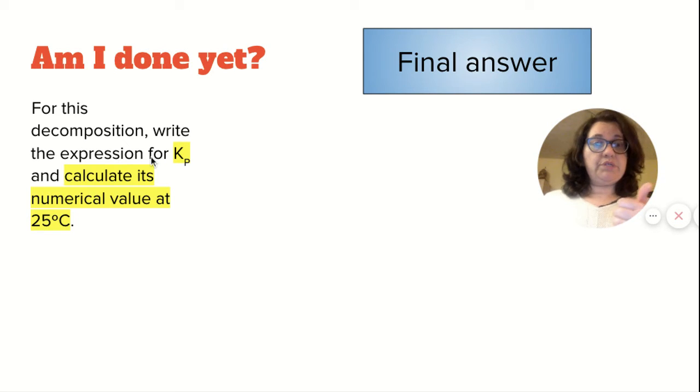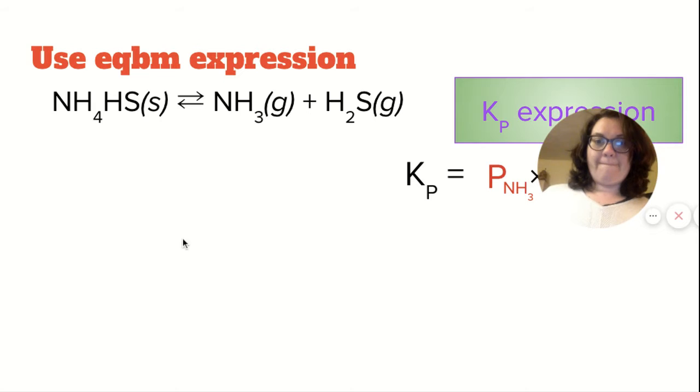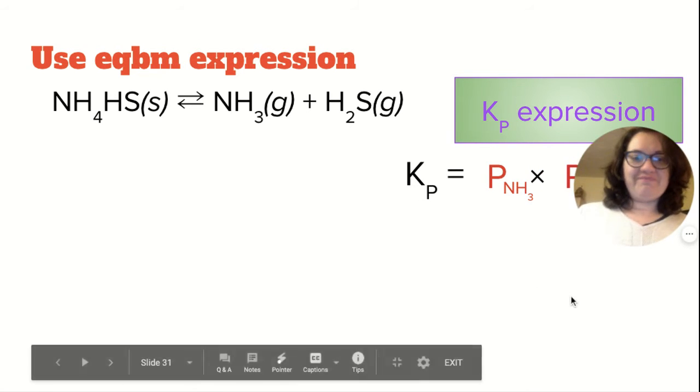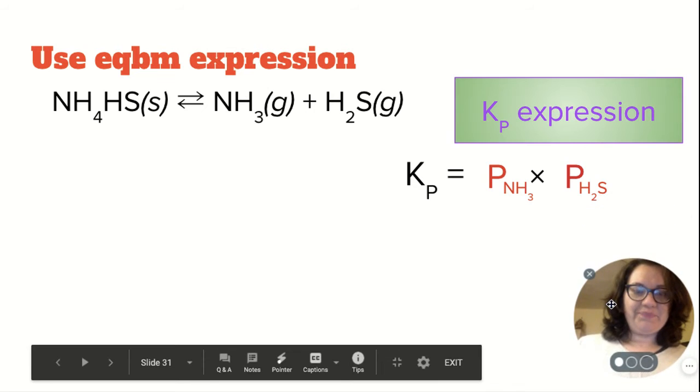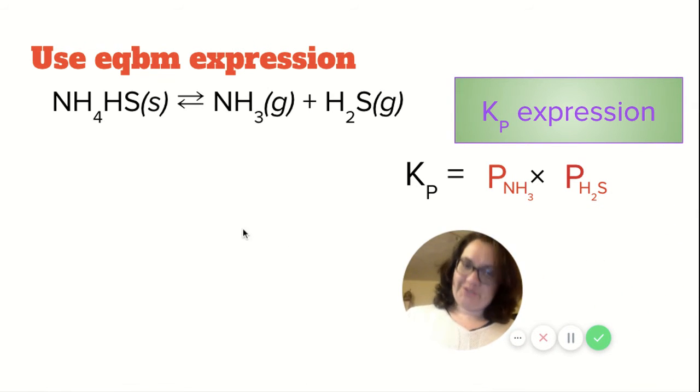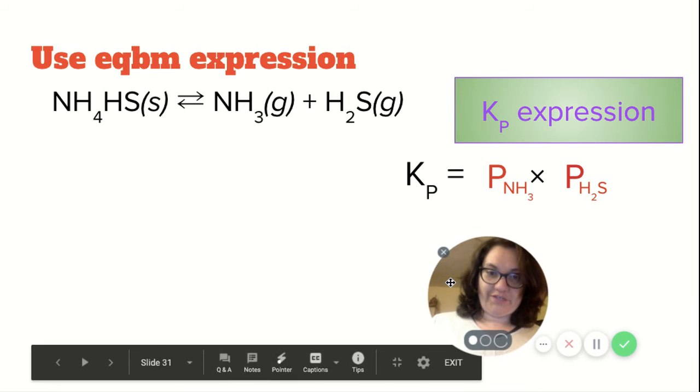Yep, it was partial pressure of NH3 times partial pressure of H2S, and to calculate its numerical value. No, I found X. I didn't find Kp. Almost there. Okay, so the equilibrium expression is the same thing it was a couple slides ago: the partial pressure of NH3 times the partial pressure of H2S.